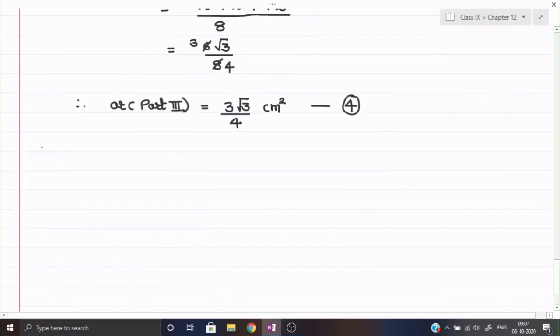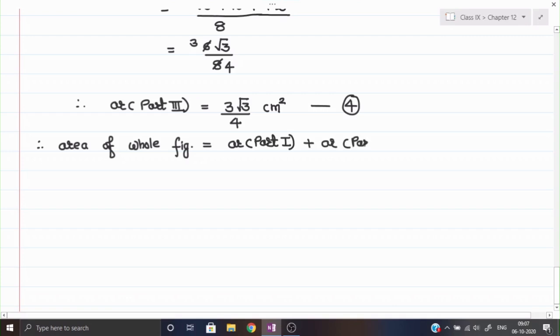We can say that therefore, the area of the whole figure is equal to the area of part 1 plus area of part 2 plus area of part 3 plus area of part 4 and plus area of part 5.